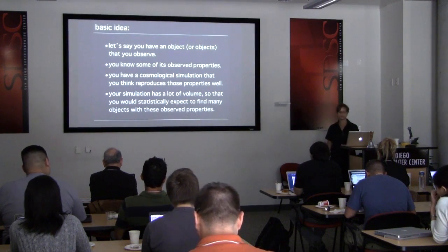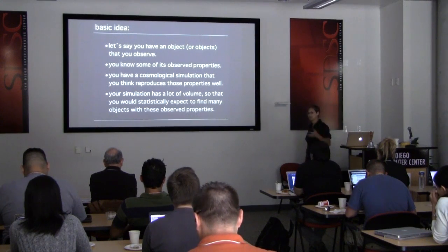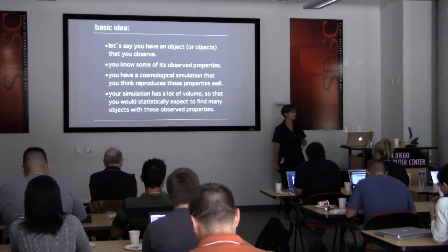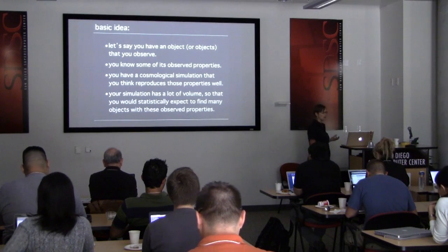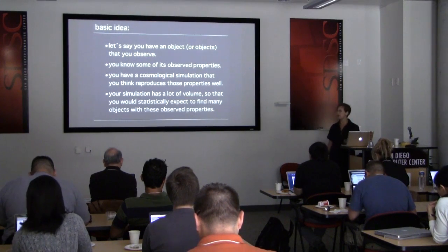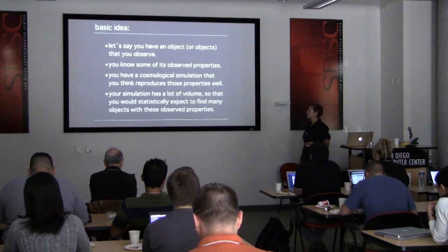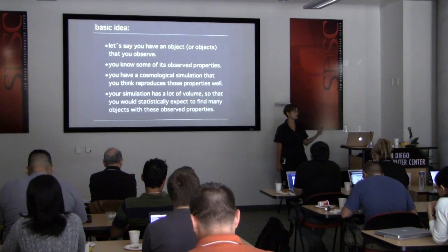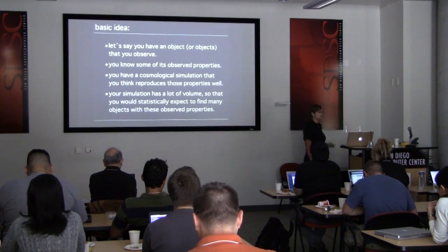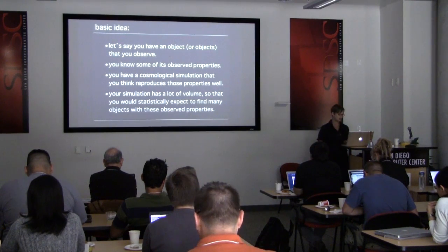Let's say you have some object, maybe a set of objects, but for simplicity, think about having one object that you observe, and you know some of its observed properties. You then have a cosmological simulation that you think should reproduce physically what those properties look like.